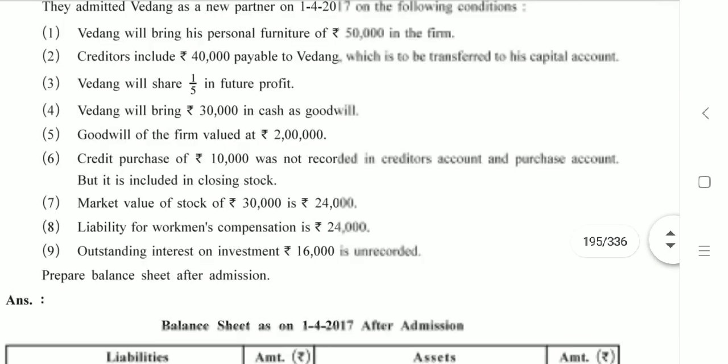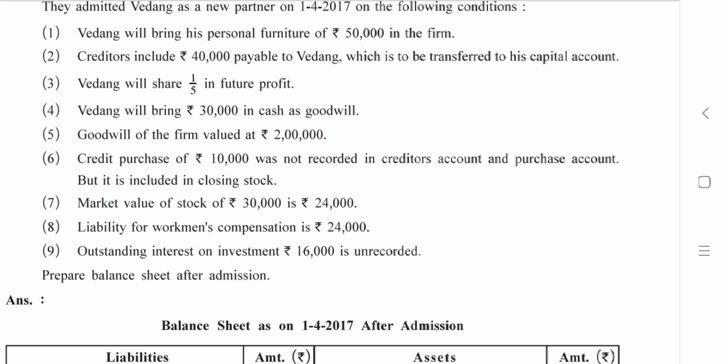Then Vedang will share 1/5 in future profit. Now what does this mean? That Vedang will be given 1/5 share in future profit. Of course, Vedang is the new partner. So as you all know, the profit of the firm is distributed among the partners. Then Vedang will bring rupees 30,000 in cash as goodwill.